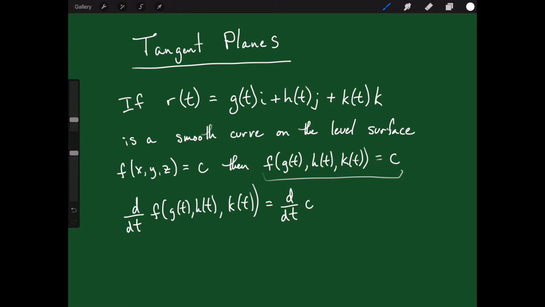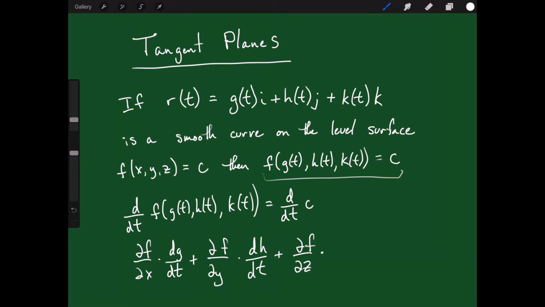The chain rule tells me I'd take the partial of f with respect to x times the derivative of g with respect to t, plus the partial of f with respect to y times the derivative of h with respect to t, plus the partial of f with respect to z times the derivative of k with respect to t.